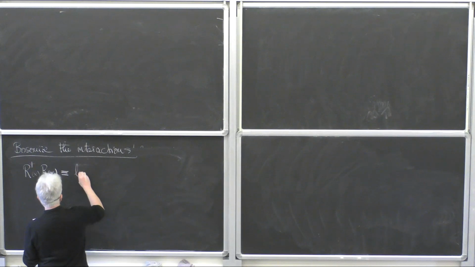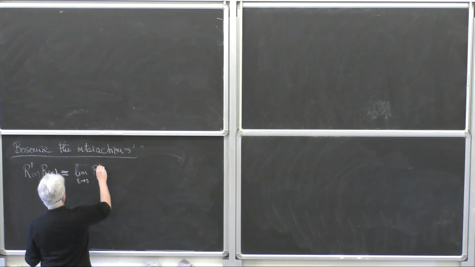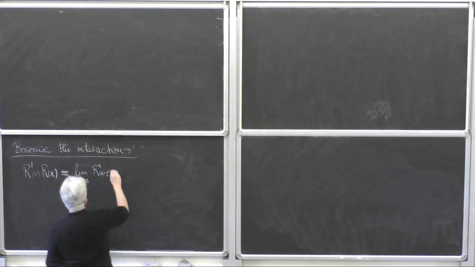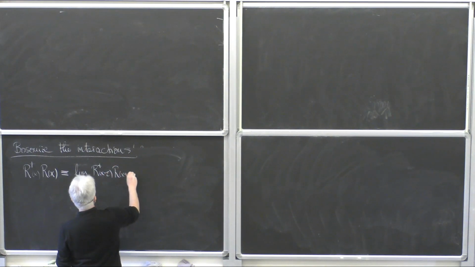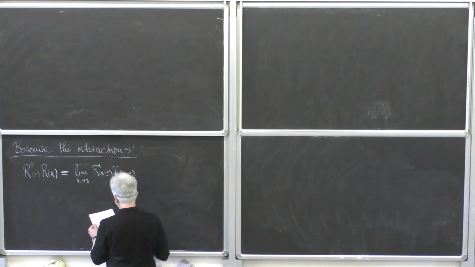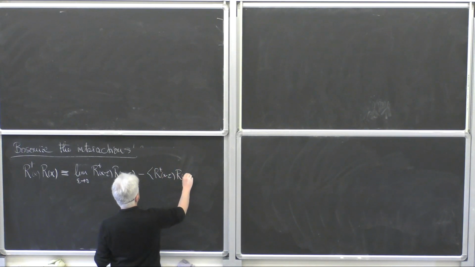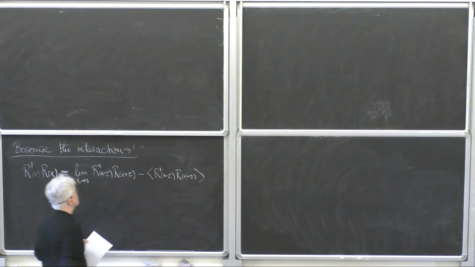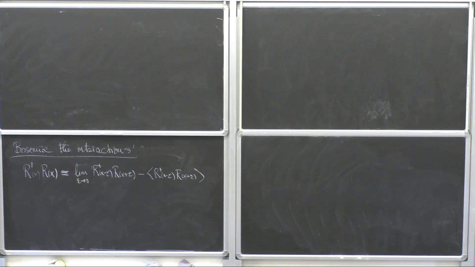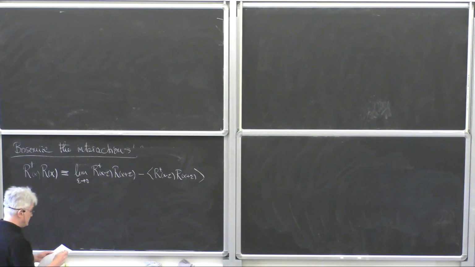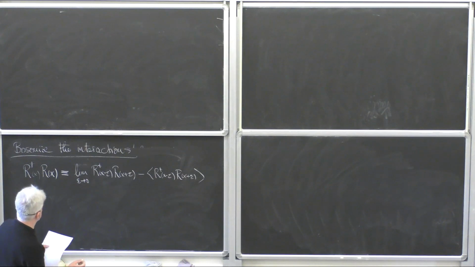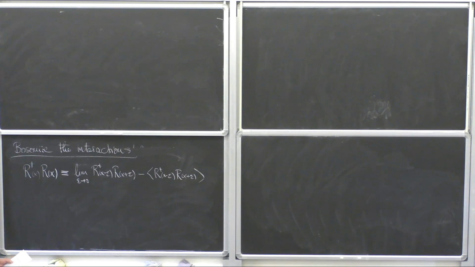This is the limit epsilon goes to 0 of right dagger x minus epsilon, right x plus epsilon, minus right dagger x minus epsilon, right x plus epsilon. That's how it was defined. So now let me work this out using my bosonization description.